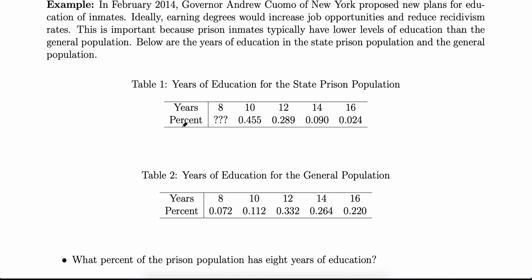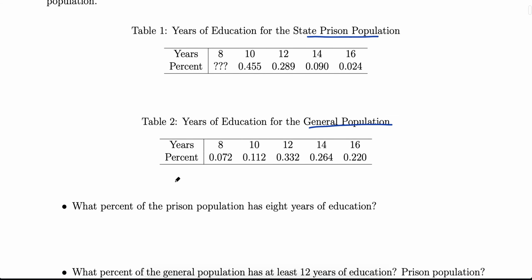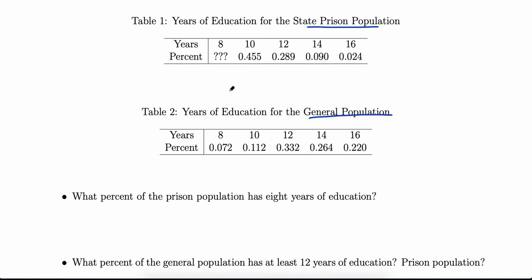And this is really important because they're considering offering degree programs in the prison population, so they have more opportunities once leaving prison. So we have these two tables. The first one is our prison population, the second one is the general population. And to see the discrepancy here, let's go through and take a look at these questions.